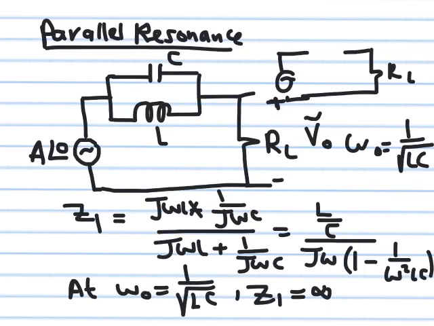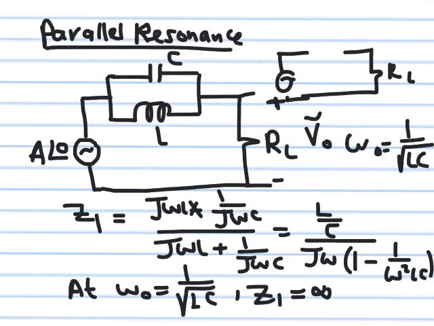At DC, a capacitor represents an open circuit, but the inductor is a short circuit. Then the output will be equal to A angle 0. When I say DC, I mean zero frequency. When I say low frequency, I mean frequencies close to DC.